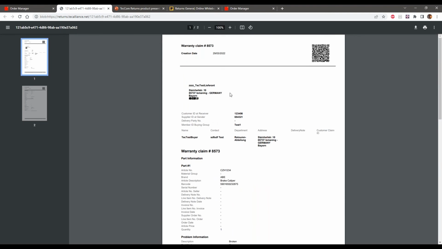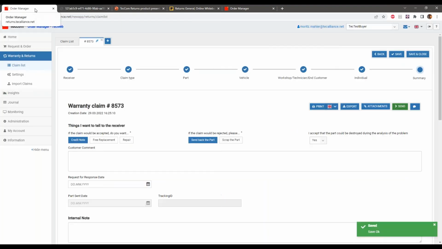This is a replacement of the handwritten paper claim that you have sent out until now. You would place this with the dirty part on your desk, put it into the box, close the box, and send this to your supplier normally. But first you keep it.